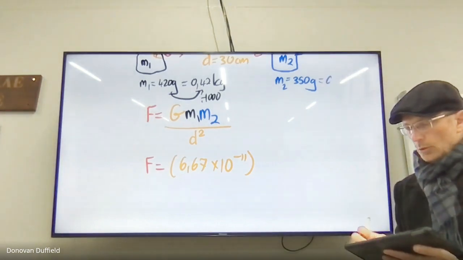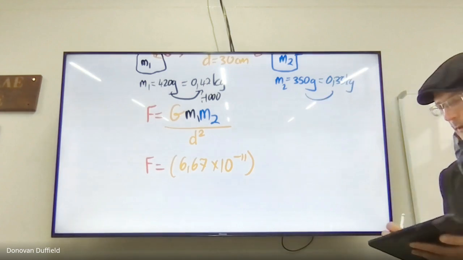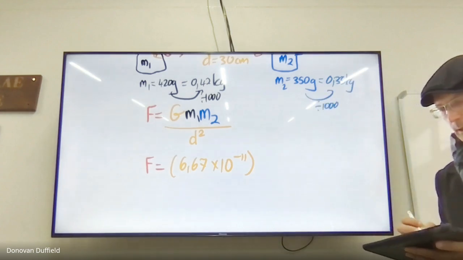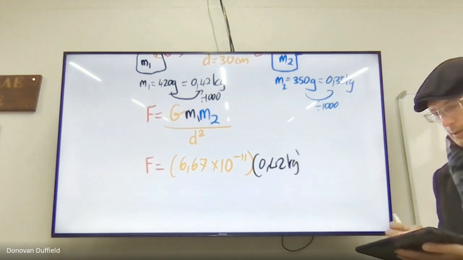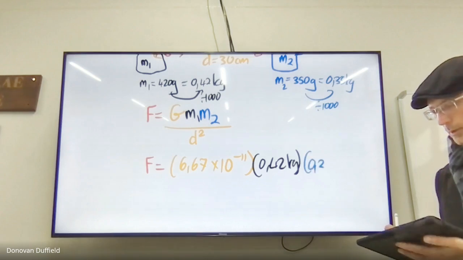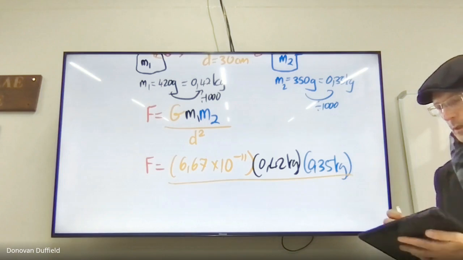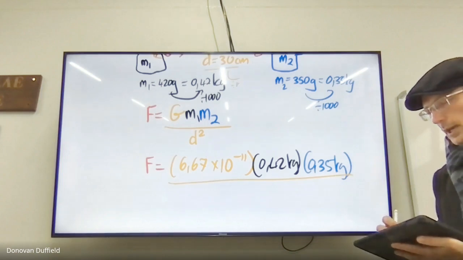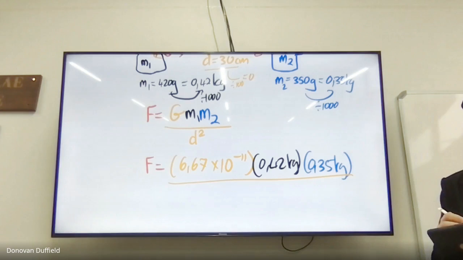This is going to be 0,35 kilograms. All right, we divide there by 1,000. So what we have here is mass 1 is 0,42 kilograms. Mass 2 is 0,35 kilograms. And the distance between them, we've got to go to meters. So we've got to divide by 100 in order to go from centimeters to meters. So sorry, that's going to be 0,3 meters, 0,3 meters squared.